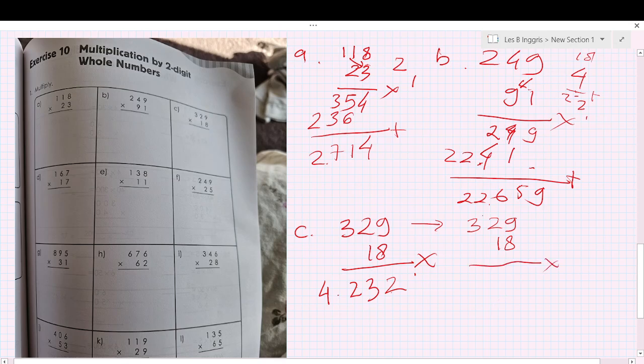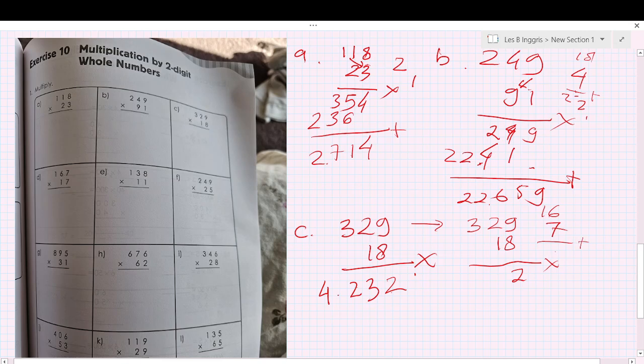You multiply the ones with the hundreds and the tens with the hundreds. So the first is you multiply the 8 with 329. First you got 8 times 9, you got 72. Keep the 7 beside, and then 2 times 8, you got 16.